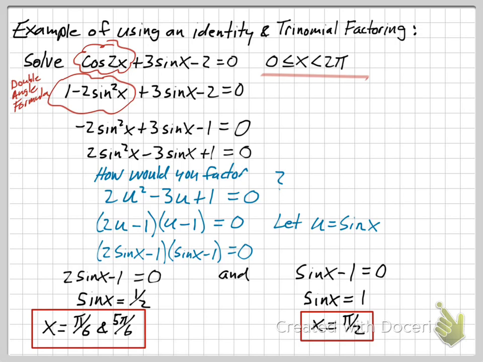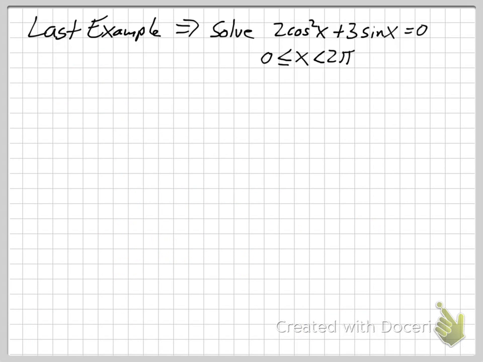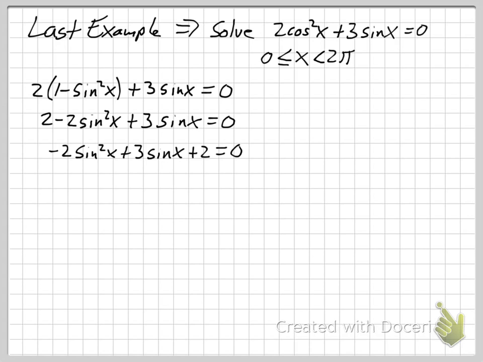All right, this is getting a little lengthy. Let's see what this last problem looks like. Okay, this is not so bad. What am I going to do? Let's use an identity, right? 2 cosine squared, that's a Pythagorean identity. Let's substitute that in. Let's distribute the 2, and you go, oh, I've got a kind of quadratic looking thingy here.